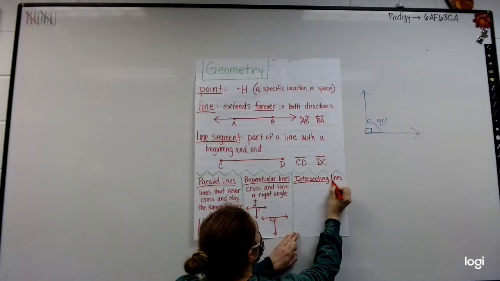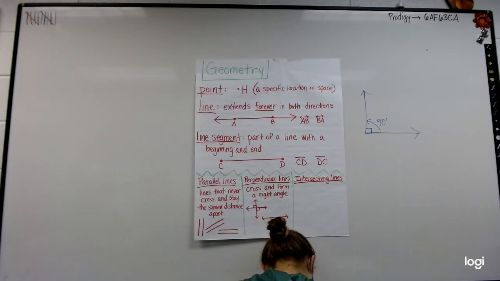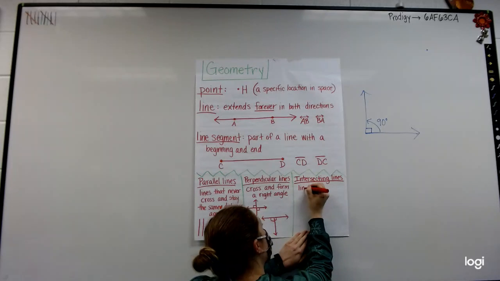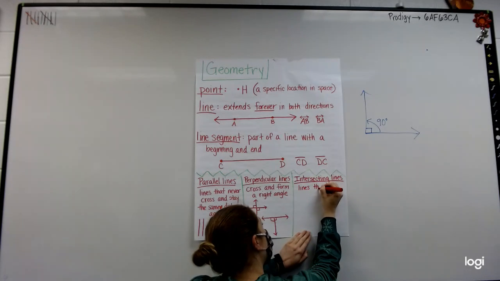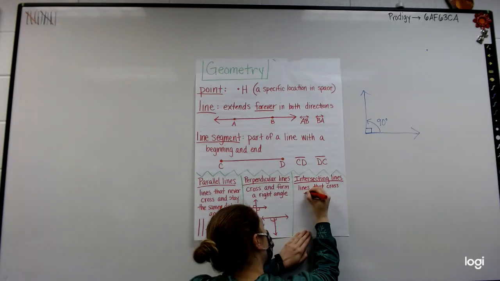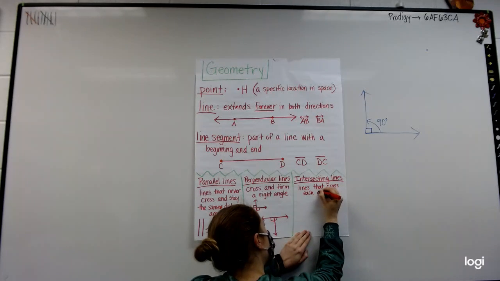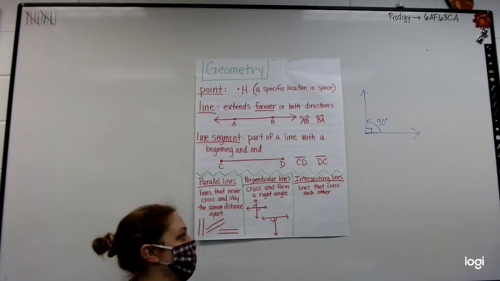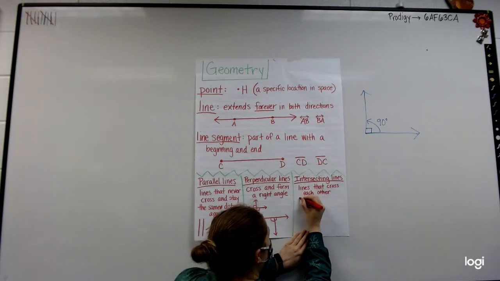Thank you. All right, intersecting lines are lines that cross each other. So it's very similar to perpendicular, but they don't have to make that plus sign. It could be more like this.